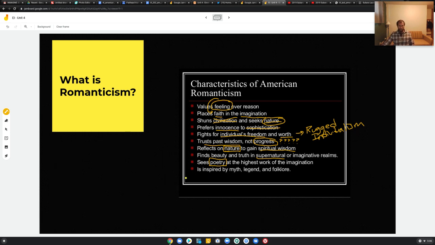So the next one is myth, legend, and folklore. And this comes in that past wisdom will be highly regarded. And so we'll continue to see a lot of myth, legend, and folklore popping up all over the romantic experience, not just in Rip Van Winkle, but all over the place. And I'll explain that in the next slides here. We'll continue to expand on that.